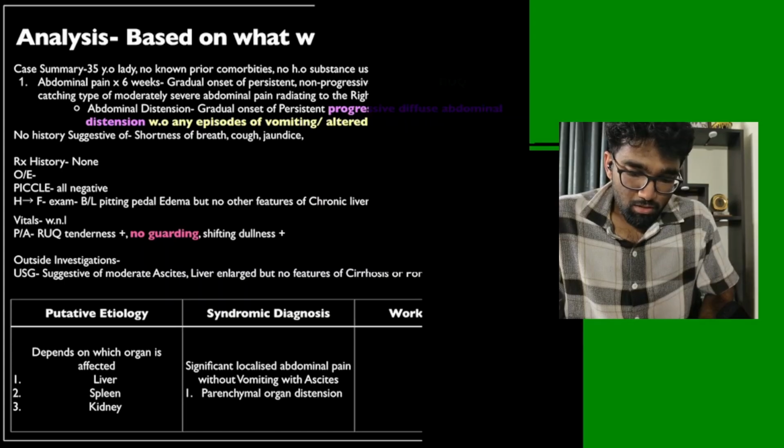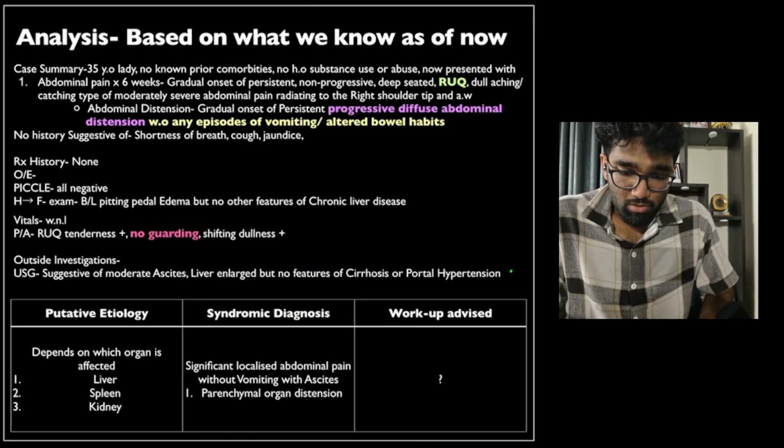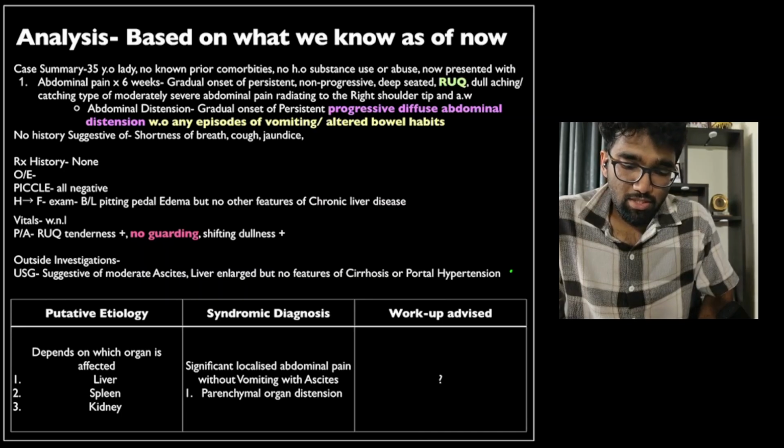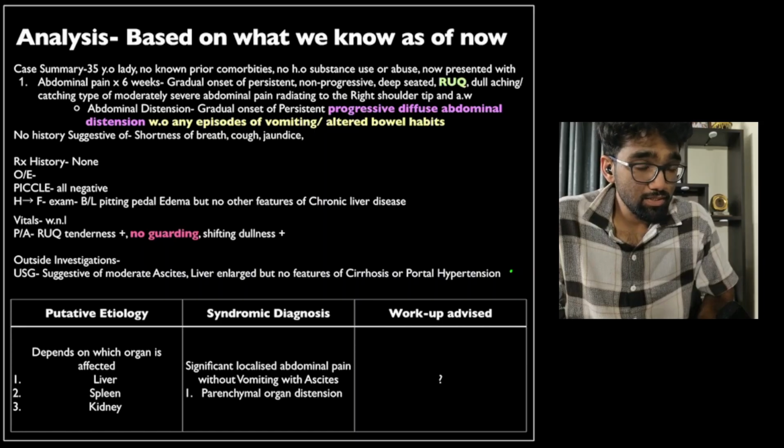So, by analysis of the history, we came to the conclusion that this was a significant localized abdominal pain without vomiting, with associated ascites, and we further opined that it was not due to pancreatitis or gastrointestinal tract obstruction or acute mesenteric ischemia.